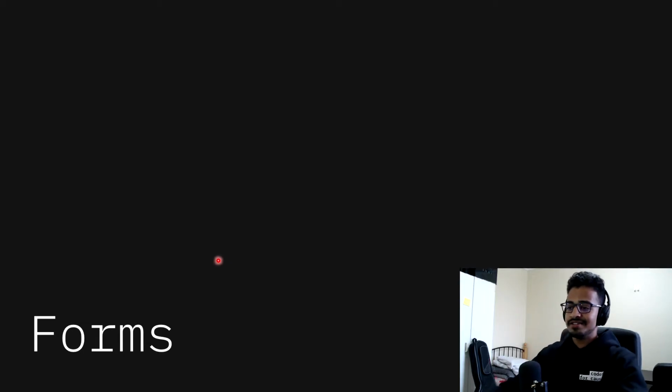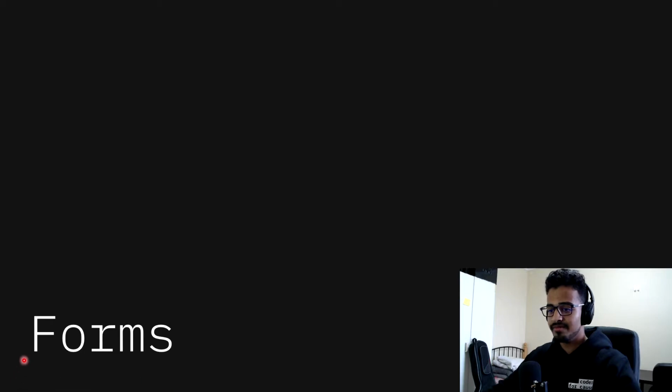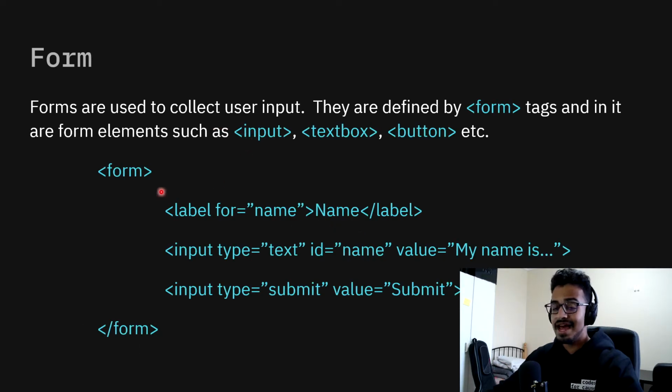And now we're up to some of the important bits. The form. Recall the prototype that I showed you at the start. It had a form. Forms are used to collect user input. They're defined by the form tags, and in it are the form elements such as input, text box, button.